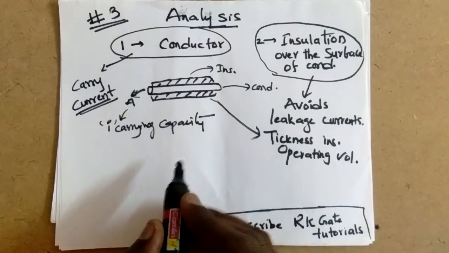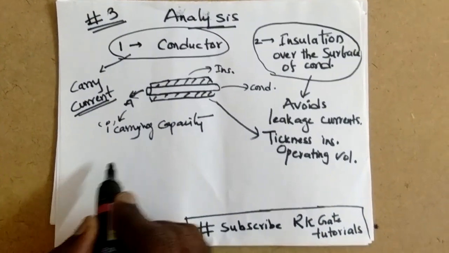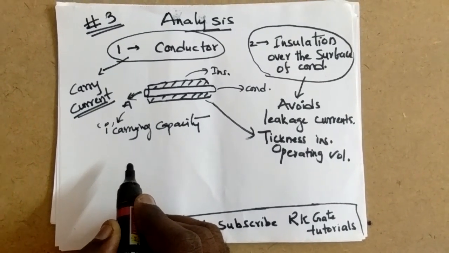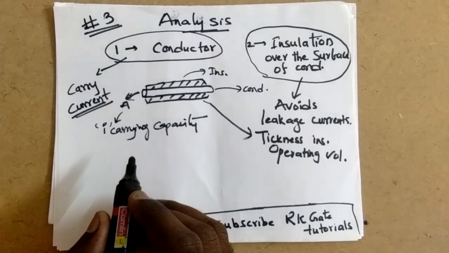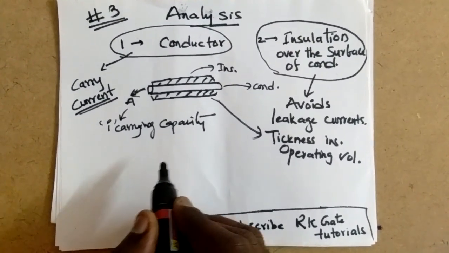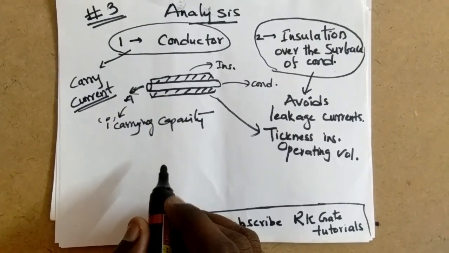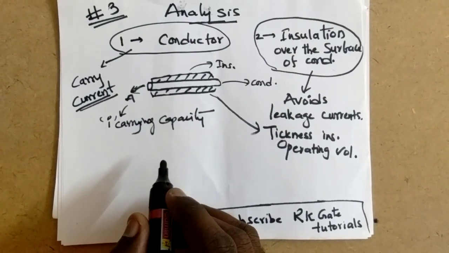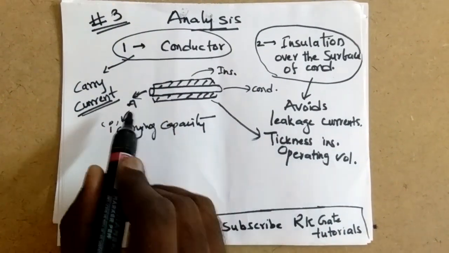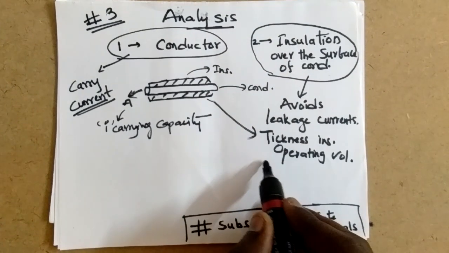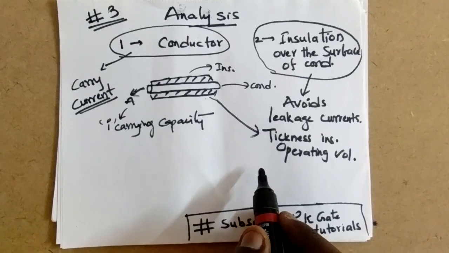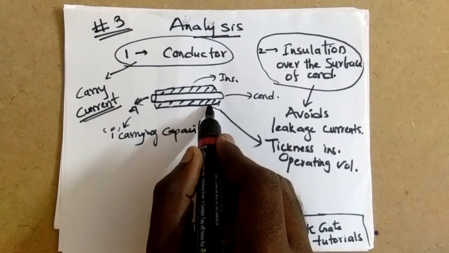Then what is the consequence of the open circuit? Open circuit fault causes heavy voltages, so it results in over voltages. Due to that, what happens? When the over voltages occur, which one is going to be affected? Of course, the insulation.